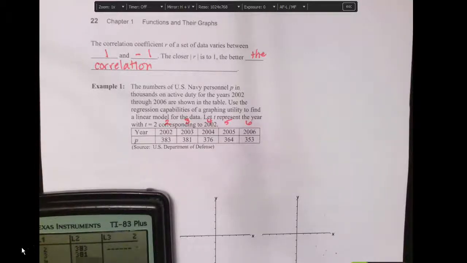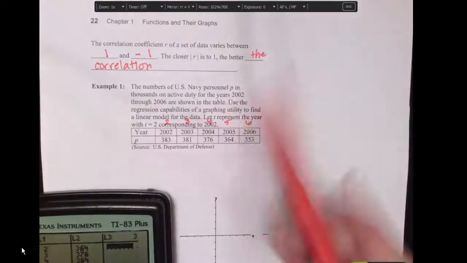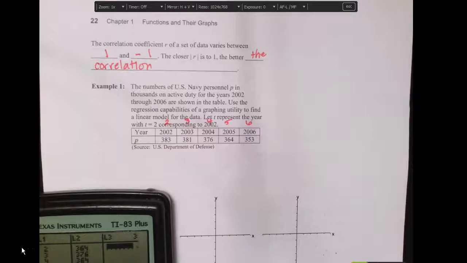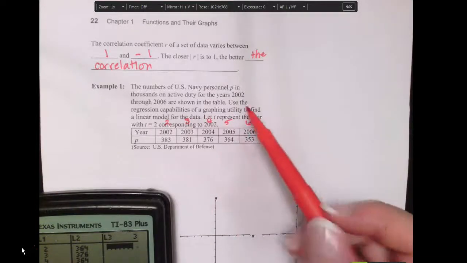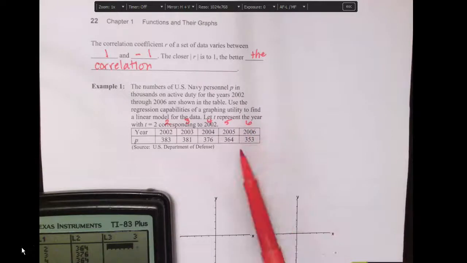So I've got some mistakes in here. Okay, so we've got our data in here.